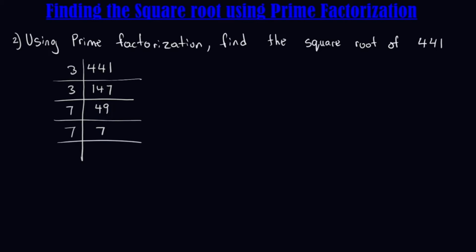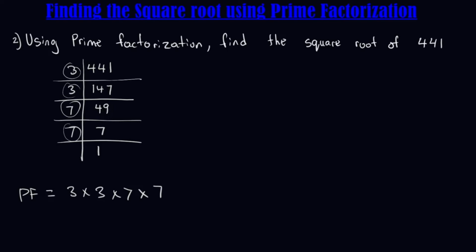And we work this out until we have 1 as the remainder. So the prime factorization for 441 would be each of the divisors: 3 times 3 times 7 times 7, and we multiply them. So this is our prime factorization right here.